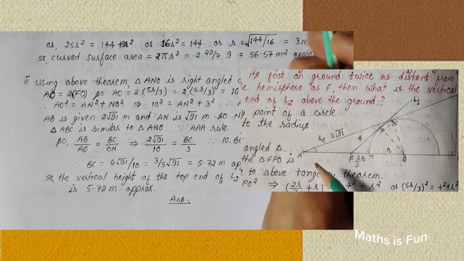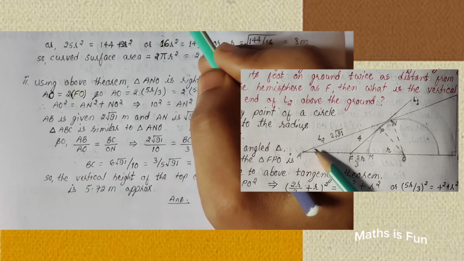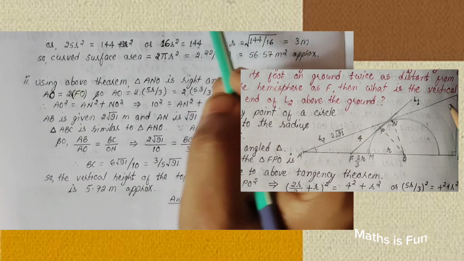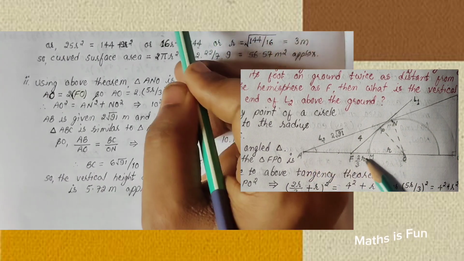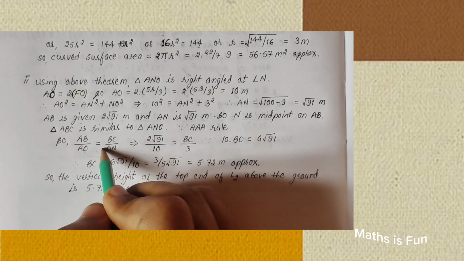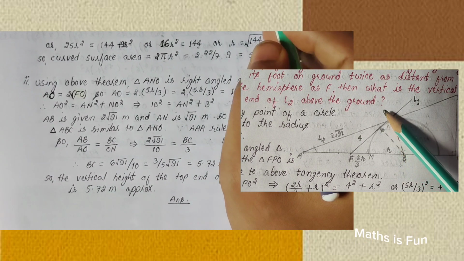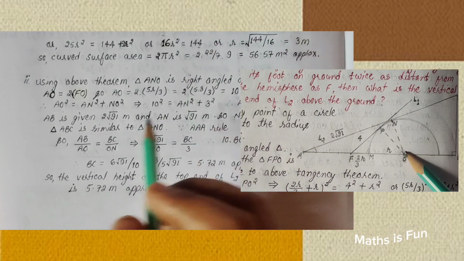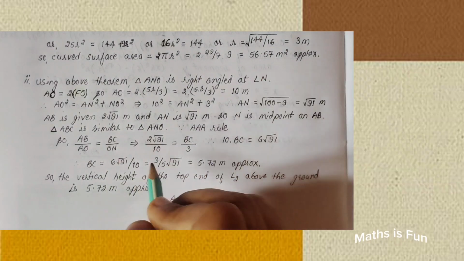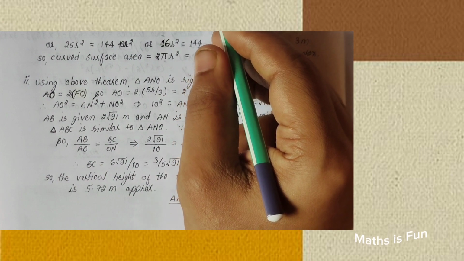Now let's use ratio. From this bigger triangle we can use AB. This is the hypotenuse of this bigger triangle, and the hypotenuse of this smaller triangle is AO. So AB over AO will be equal to BC of the bigger triangle, and BC corresponds to ON of this smaller triangle. So BC over ON. Now AB is given as 2 times root 91.